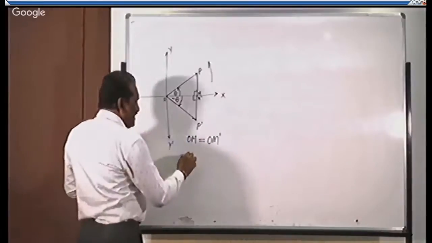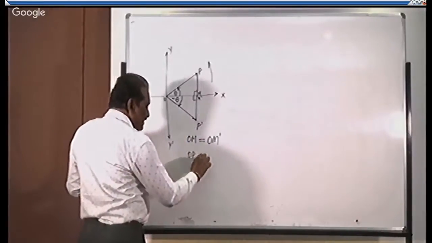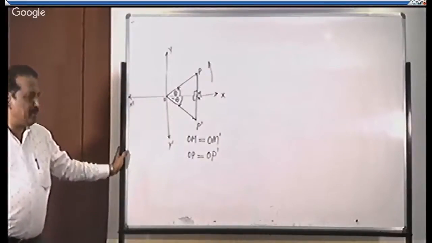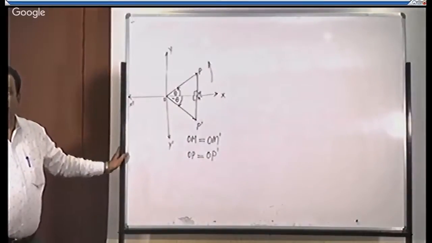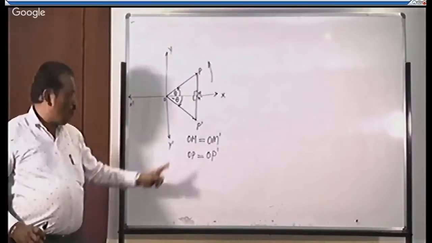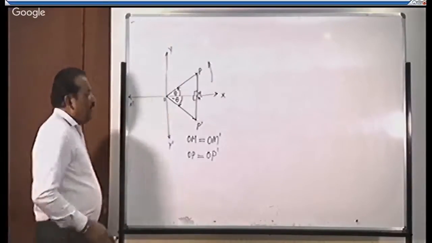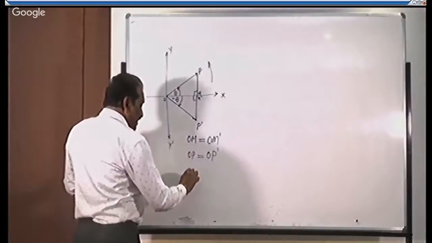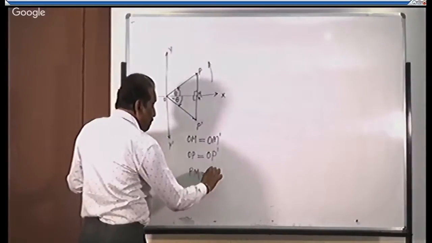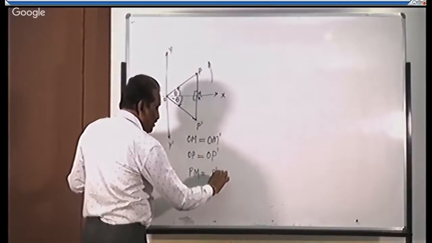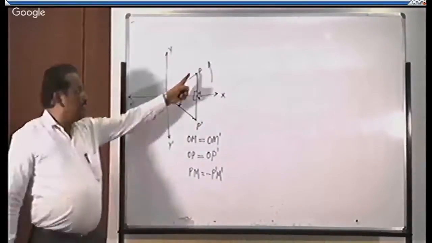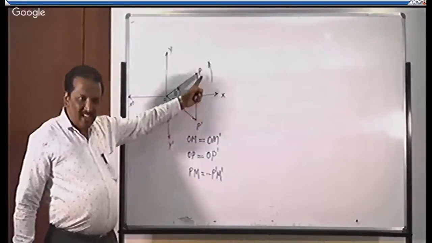Then this radius vector OP is numerically equal to OP' also. I explained in the previous class that it is a radius vector. It is positive wherever it is present in the quadrant. OP is equal to OP'. One more important thing is, PM is equal to P'M' in magnitude, but I will write it as minus P'M', because PM represents a vertical distance.